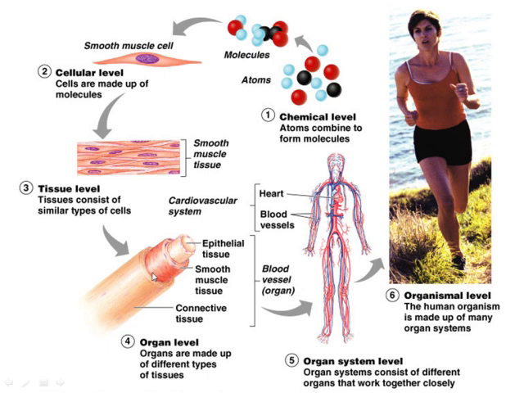And then when more than one tissue gets together, in this case we have epithelial tissue and muscle tissue and connective tissue, we can form an organ. In this case, the organ we've formed is a blood vessel. This blood vessel works with the heart and all the other blood vessels in the body to help circulate blood. So this is an organ system. And the circulatory system is one of the 11 systems that make up the human organism.